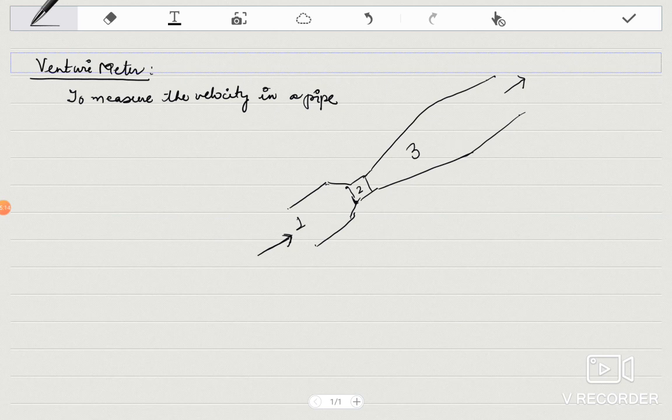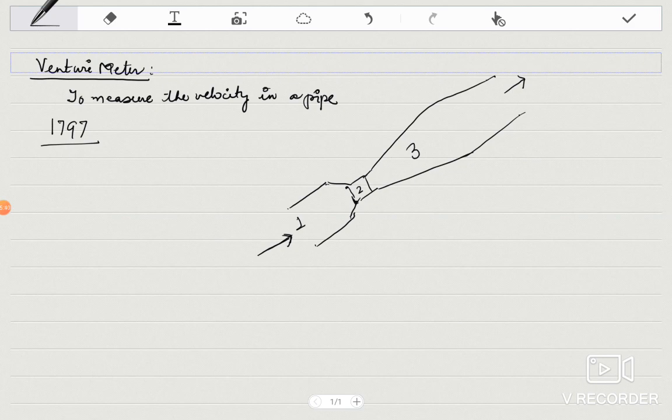So this type of flow through constricted, convergent and divergent passages was first demonstrated by the Italian scientist Giovanni Battista Venturi in 1797. Now we come to its application, that is how we measure the velocity.